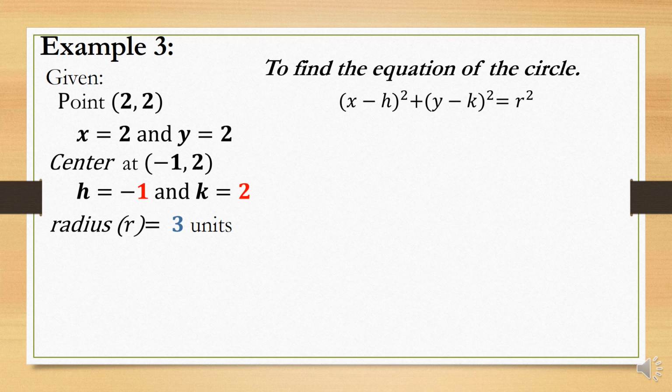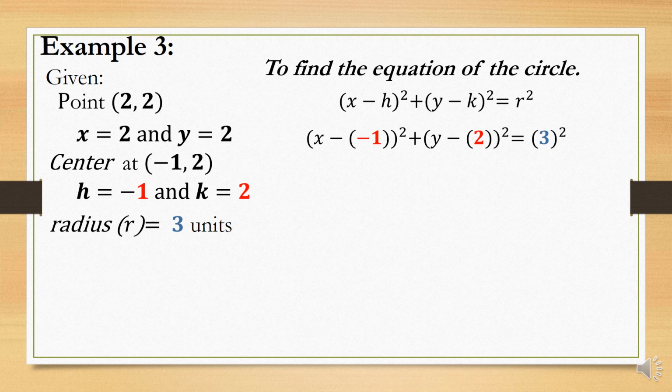Again, we do not need to substitute the values of the given point on the circle because we're going to find the equation of the circle. So we only need the center and the radius. Substitute the values: h is replaced by -1, k by 2, r by 3.